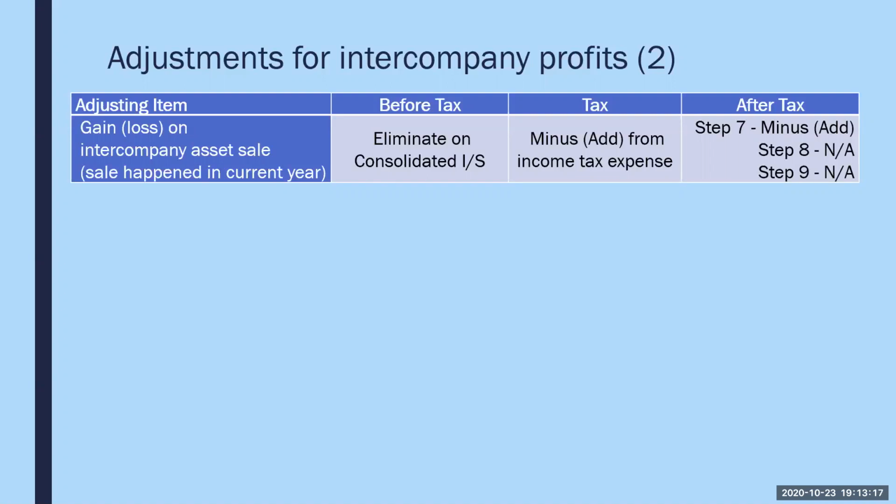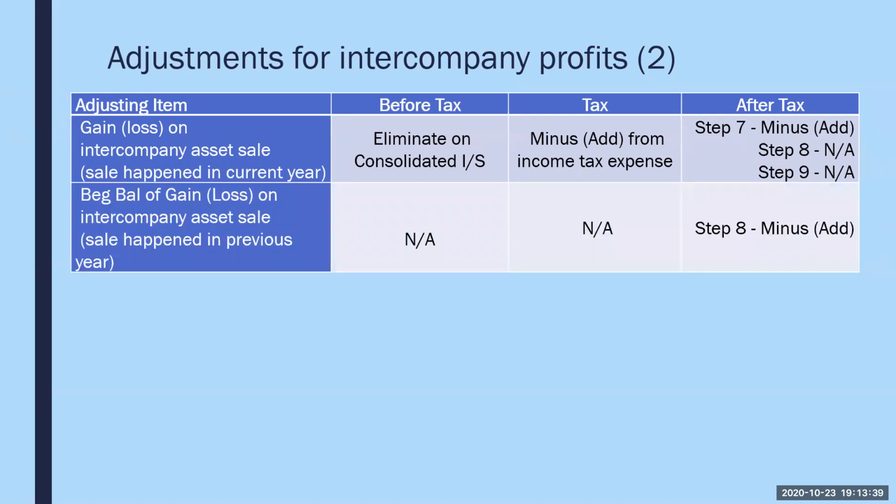If it is an upstream transaction, then the amount will be subtracted from the subsidiary company's net income. If it were a downstream transaction, we would make the adjustment to the parent's net income. And again, depending on whether this was a gain or a loss, for a gain, we will subtract. For a loss, we will add back.